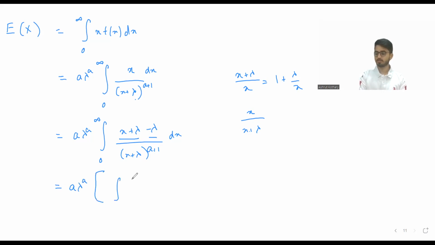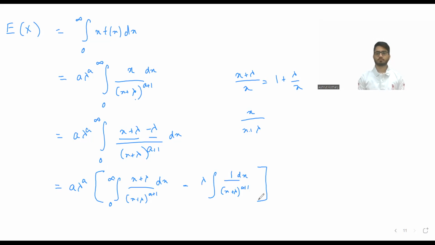So my first integral will be 1 by x plus lambda to the power alpha, dx 0 to infinite. Second term will be minus lambda integral 1 by x plus lambda to the power alpha plus 1; x plus lambda will get cancelled out.